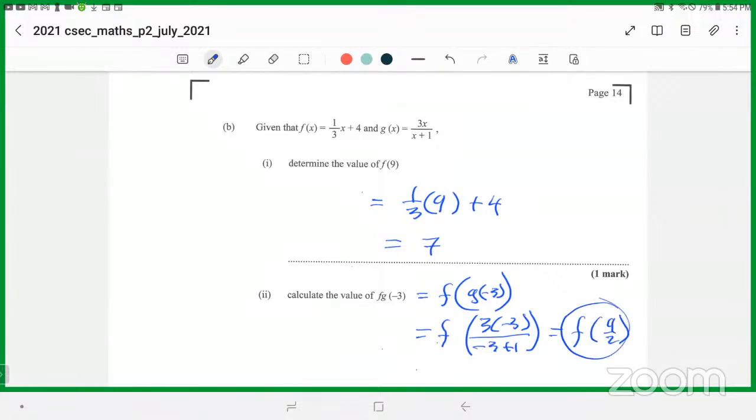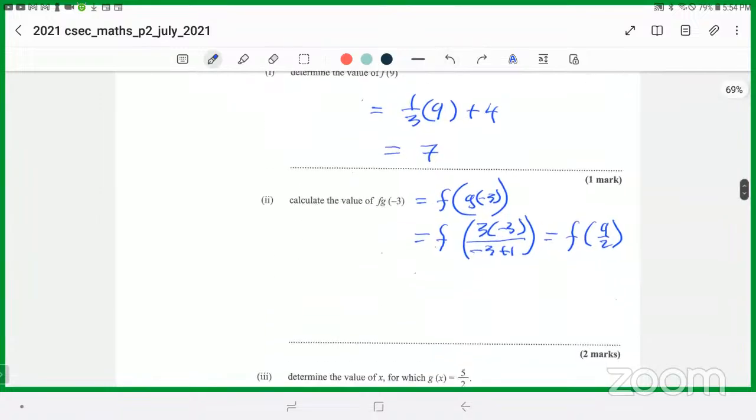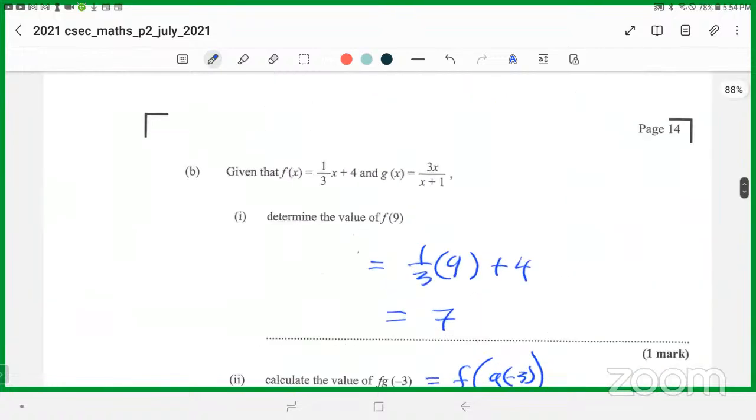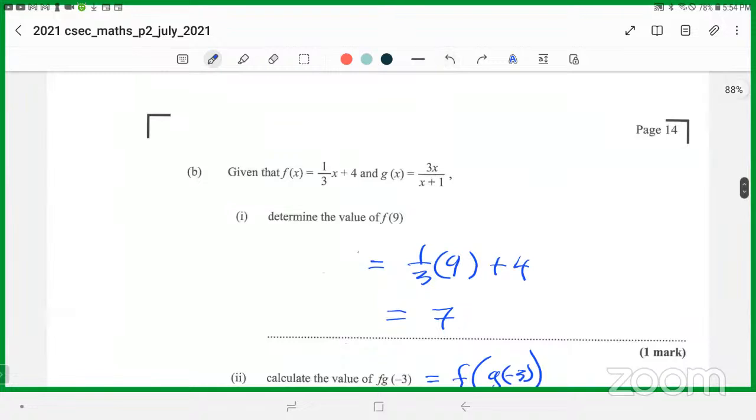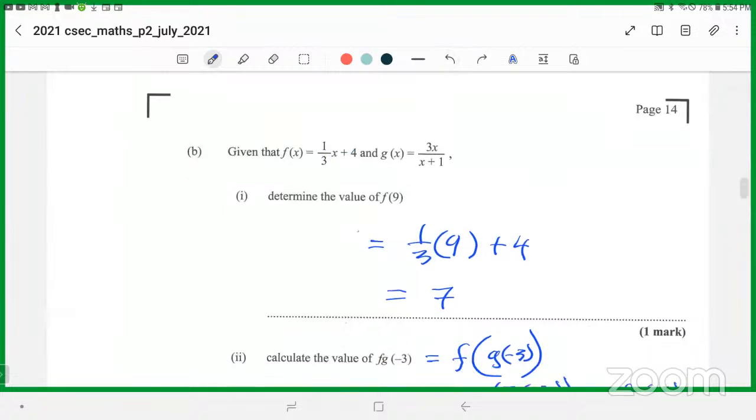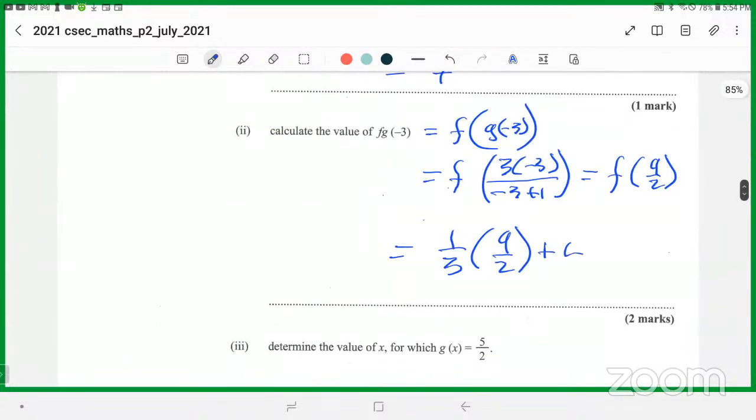Then f of 9 over 2 means that we're taking the 9 over 2 and putting it in the f function right there with x's. That's how we're going to get the final answer. So this becomes a third of 9 over 2 plus 4. Remember, here it is a third x plus 4. What does this work out to now?